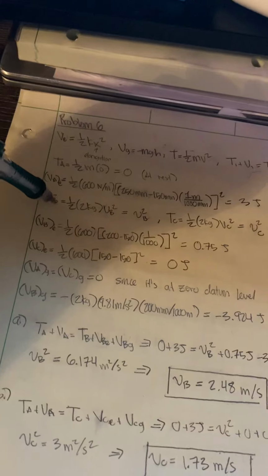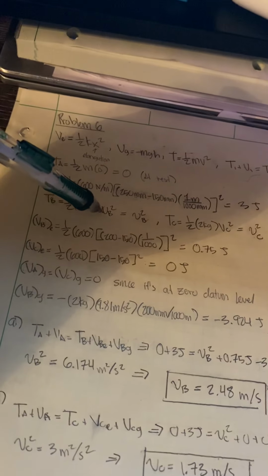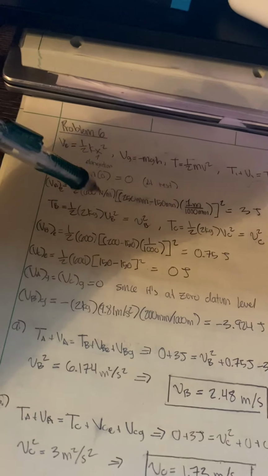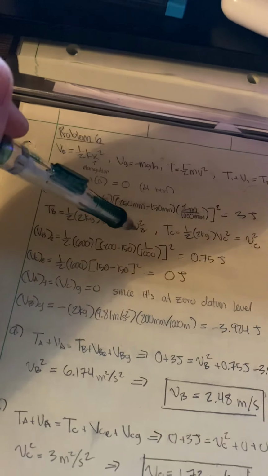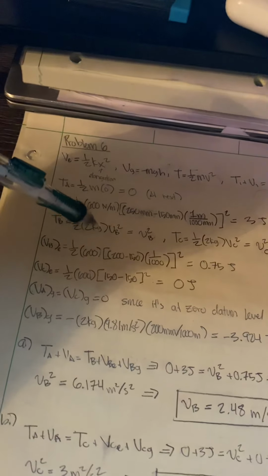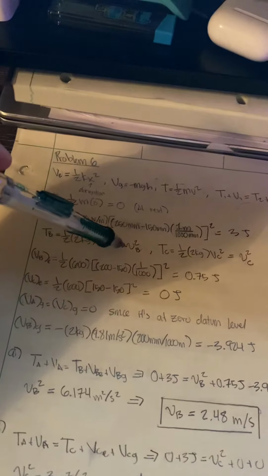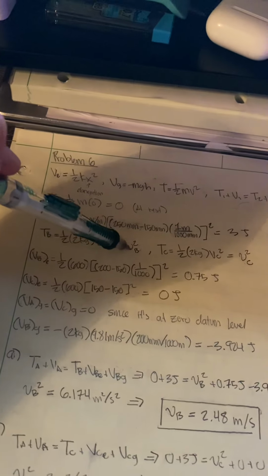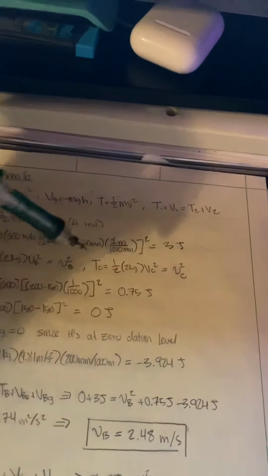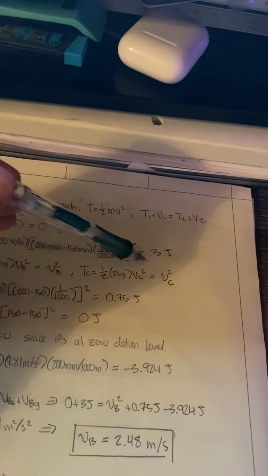All right, and then right here we solve for the kinetic energy at B. We're given a mass, and this time we're not given a velocity, but we could solve for it. It's not 0 because it's not at rest, so the 2's cancel out. So the kinetic energy is only equal to the velocity squared. And the same with C, the kinetic energy will be equal to the velocity at that point squared.